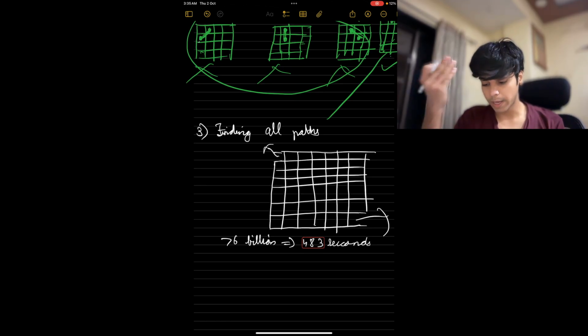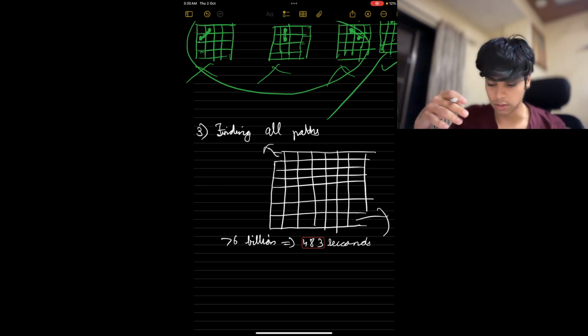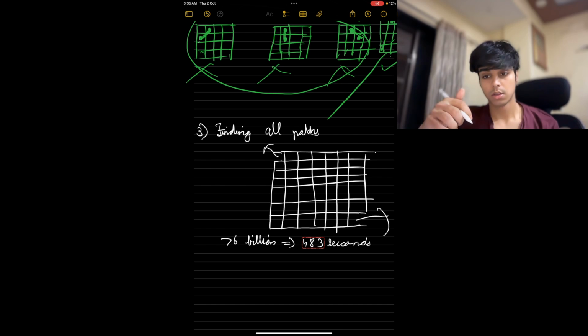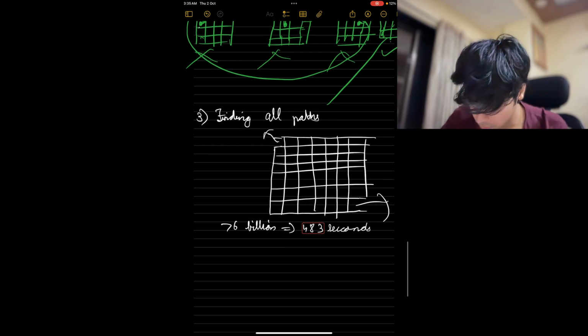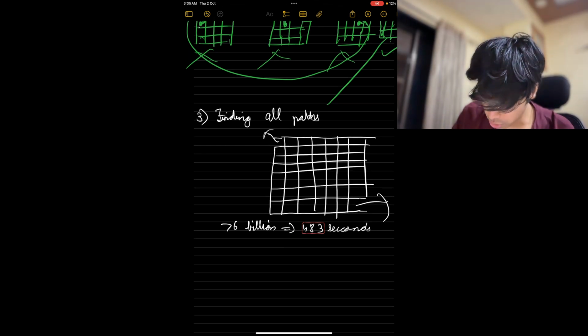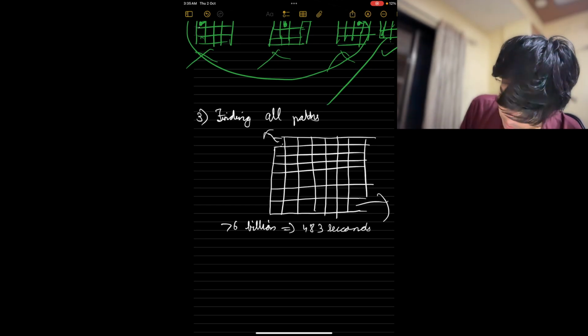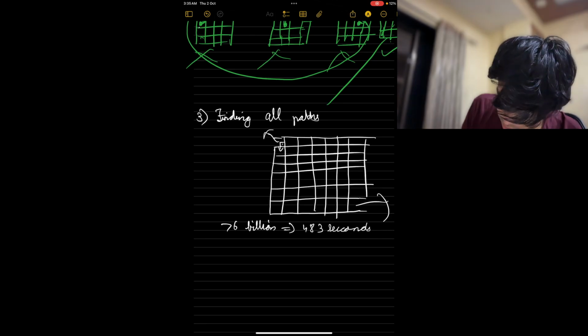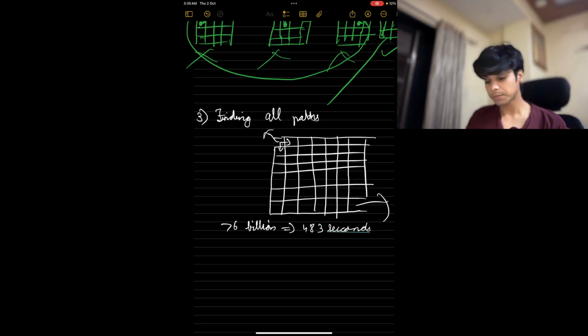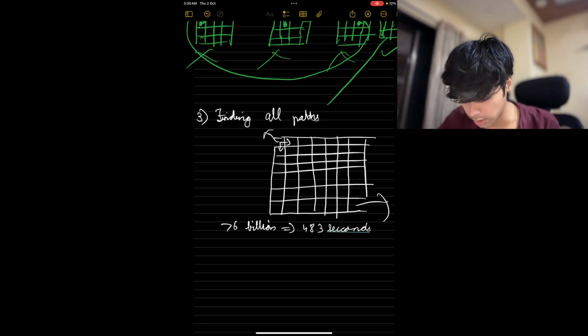Now, how can we optimize this? Let's look at this grid. Suppose we are moving from here. At the first step, there are two options for me: I can move here or I can move there, left or right.